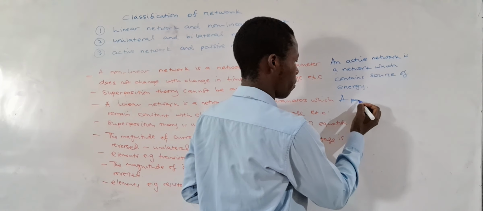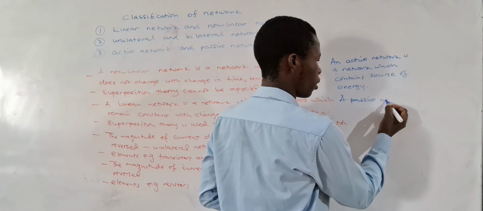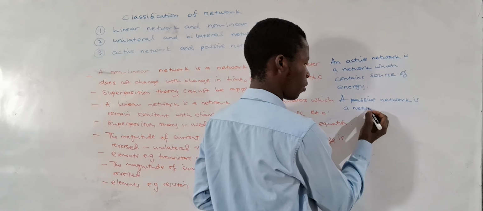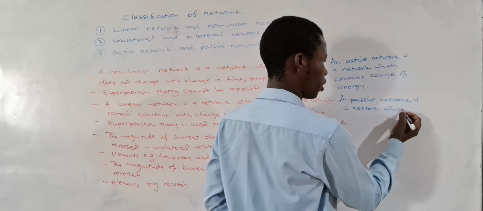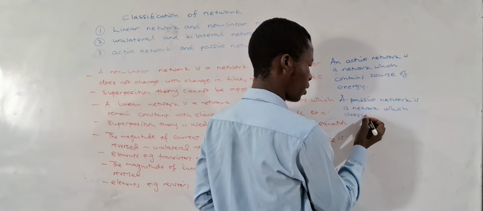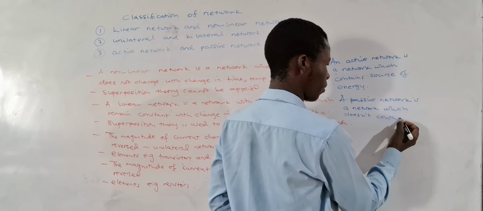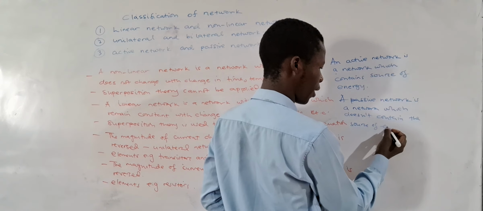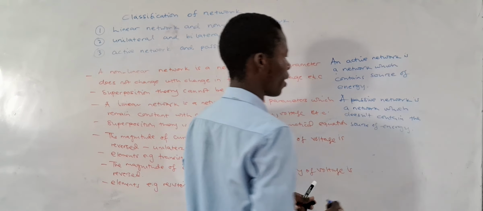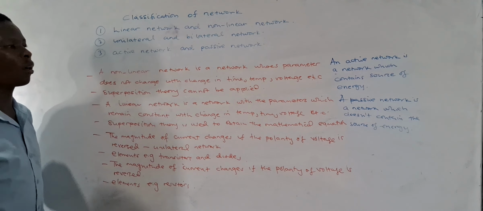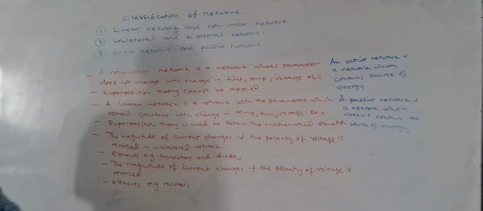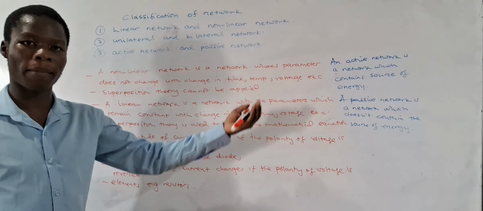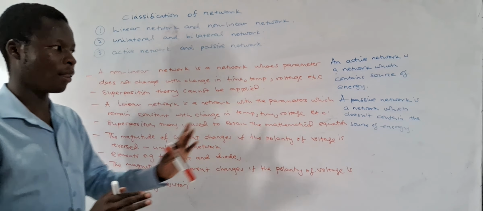A passive network is a network which does not contain the source of what? Of energy. Okay. So these are the three classes of networks. An active network is the one which contains the source of energy, while a passive network does not contain the source of energy.